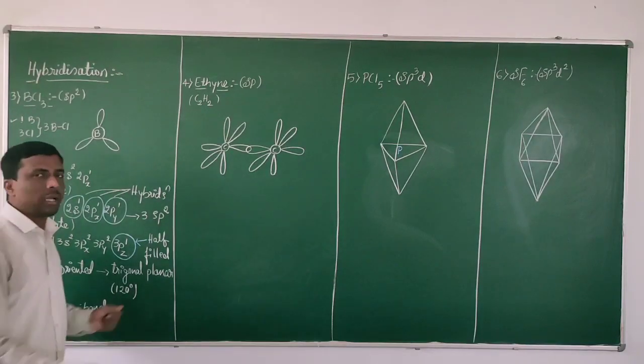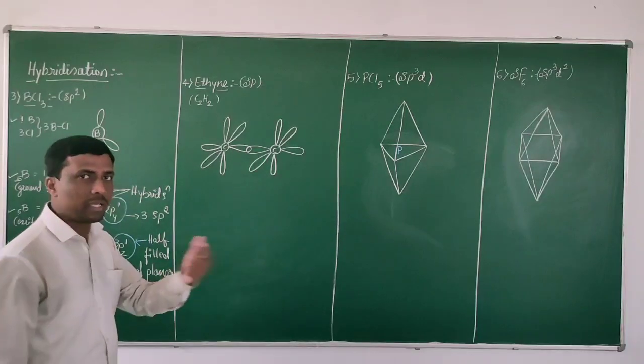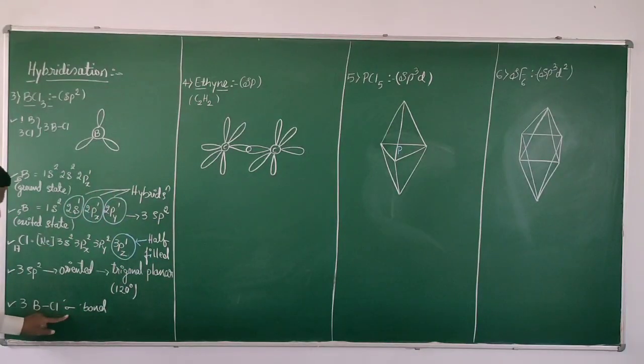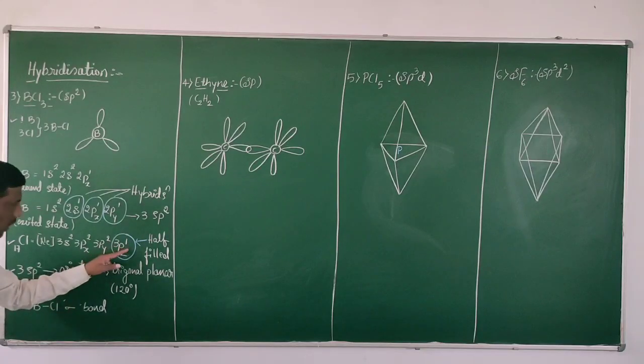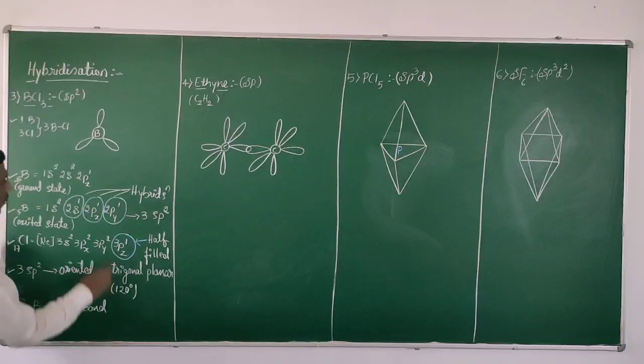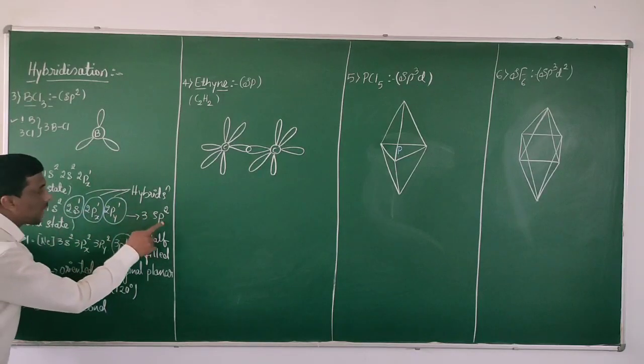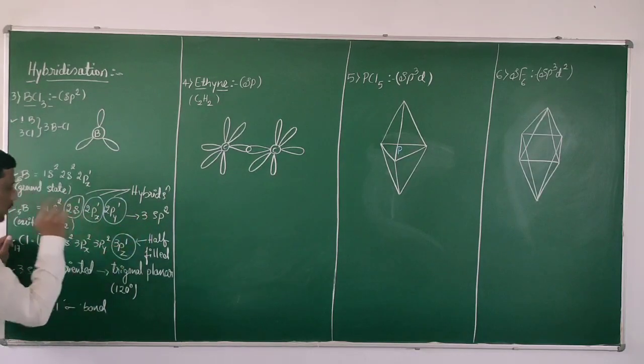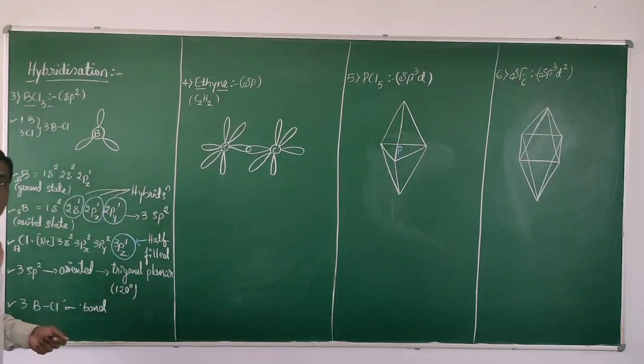You already know sigma bond formation from the previous class. The 3pz orbital overlaps axially with the 3 sp2 hybrid orbitals of boron.